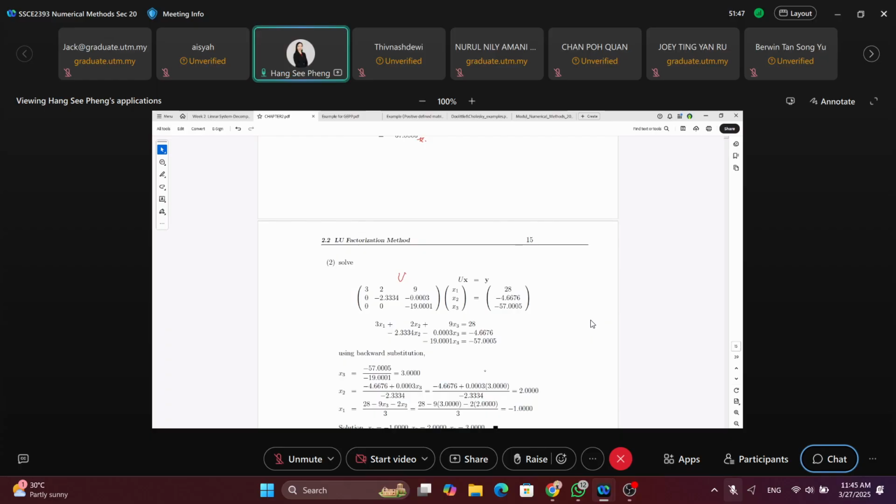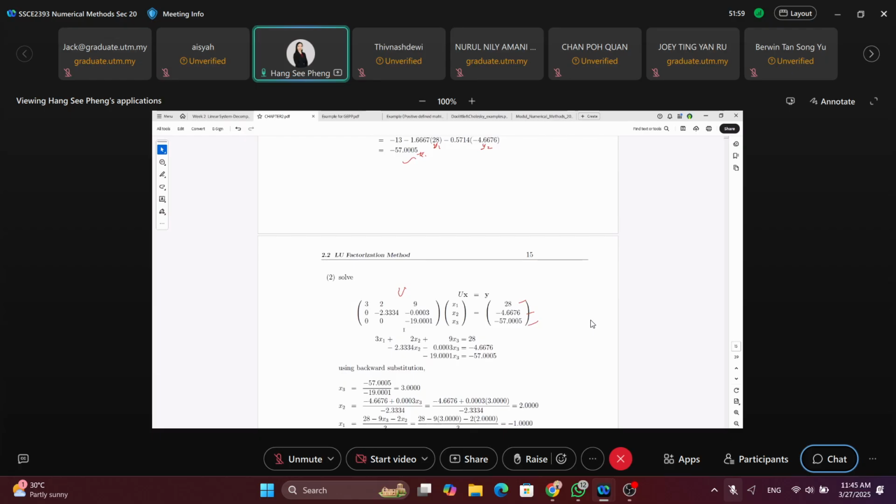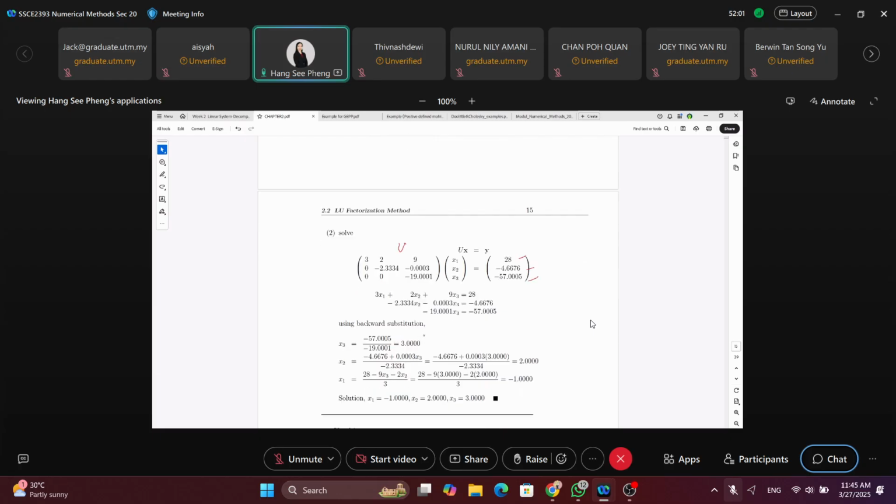And y you just obtained from the previous iterations: y1, y2, and y3. Because this is the upper triangular matrix, you solve it using backward substitution. Solving it, you get the solutions.